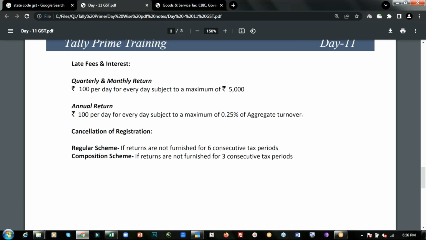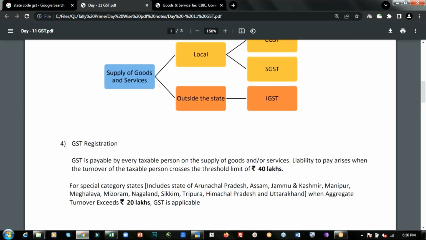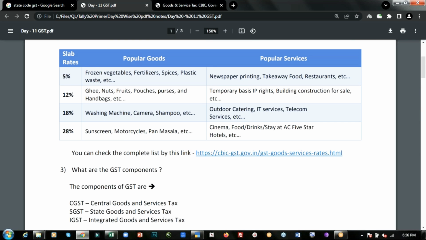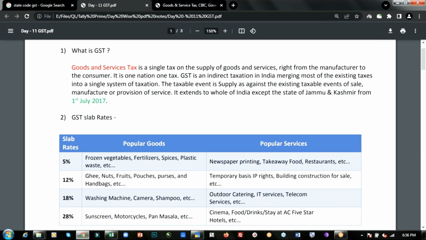All right. So guys, you all have this Day 11 GST PDF. Kindly have a look at the entire points, entire headings. If you face any kind of confusion, then kindly let me know.